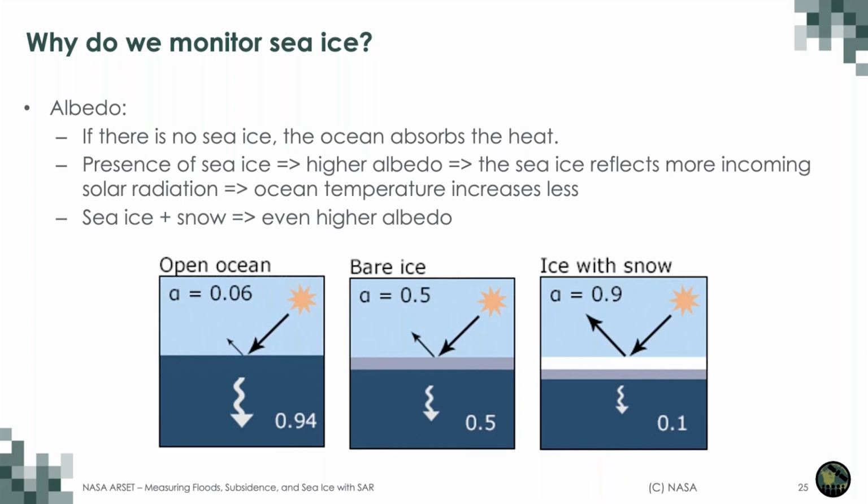If we on top of that add snow on the sea ice, the albedo gets even higher, and most of the solar radiation is simply reflected away from the ocean. So this is why we are using this also for climate modeling.